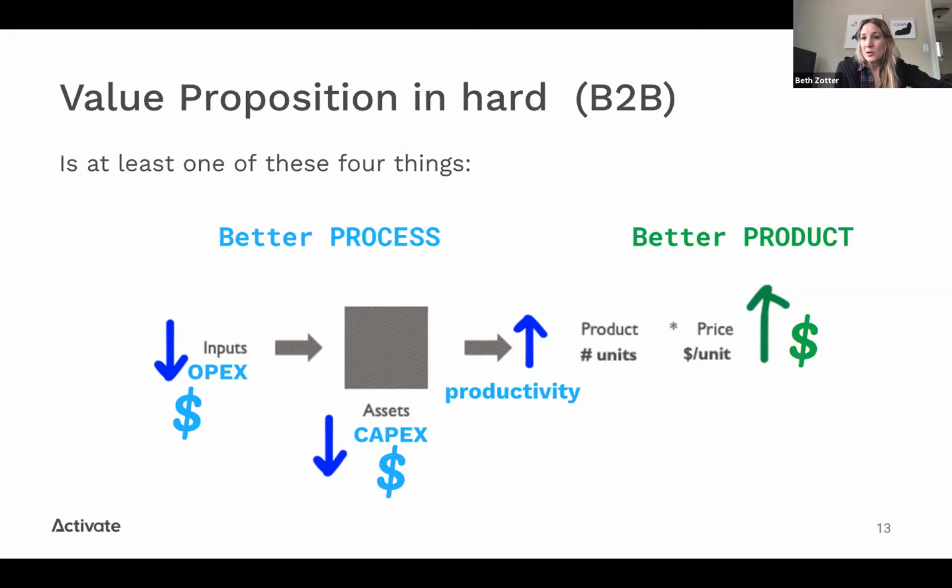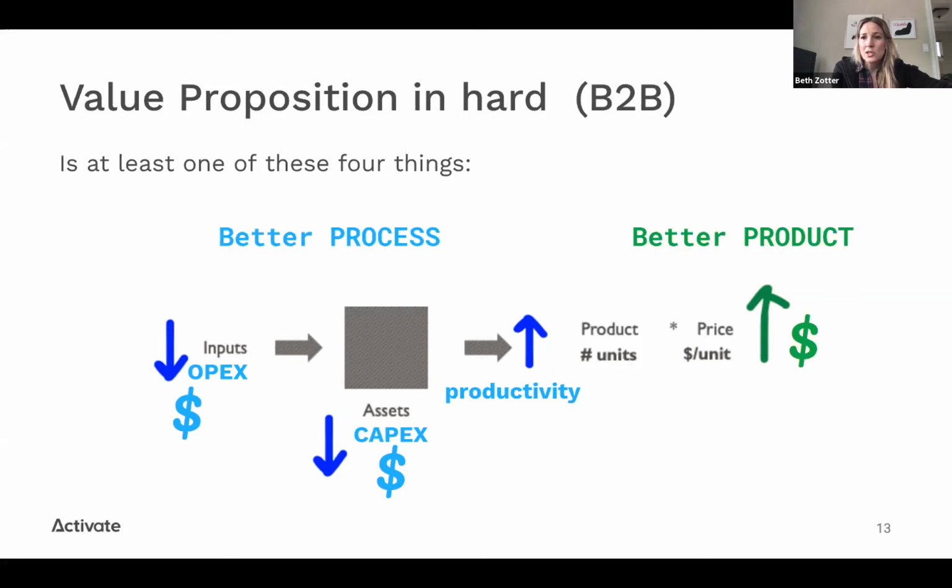The third one here, increasing productivity, is basically allowing them to squeeze more product out of the infrastructure that they have, which is essentially a revenue increasing technology. And then finally, just allowing them to make a better product by having higher quality, or allowing them to increase their profit margin by increasing sales by having a better product.